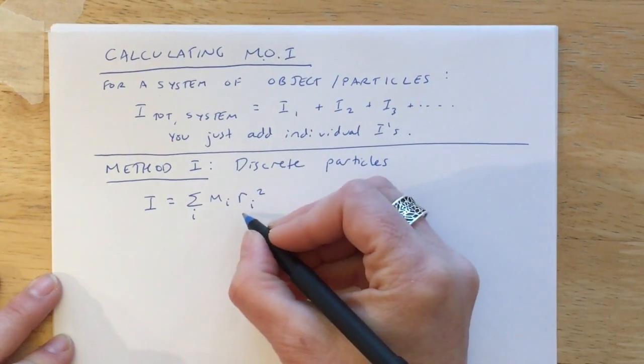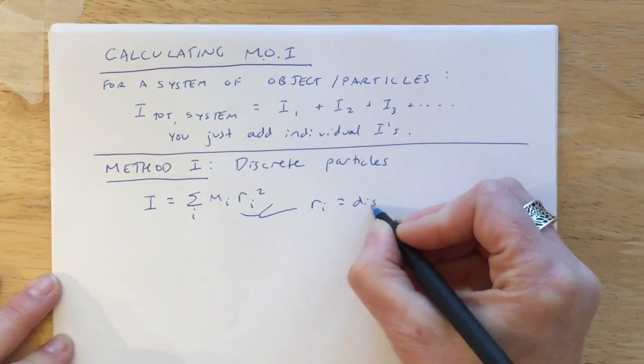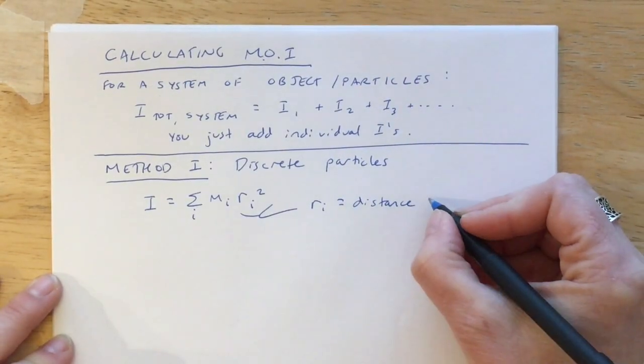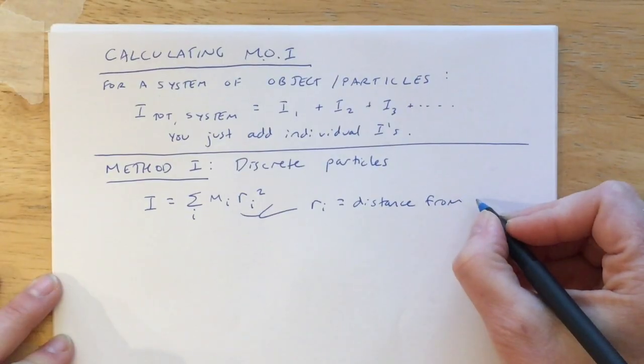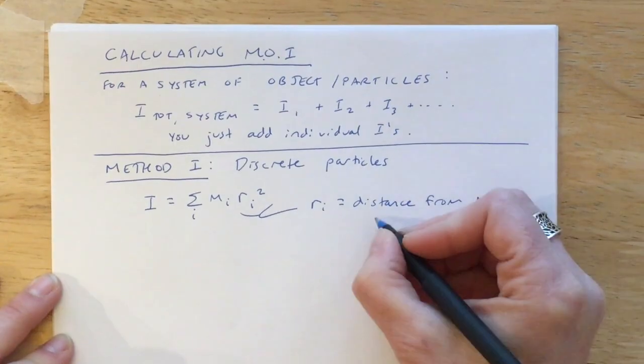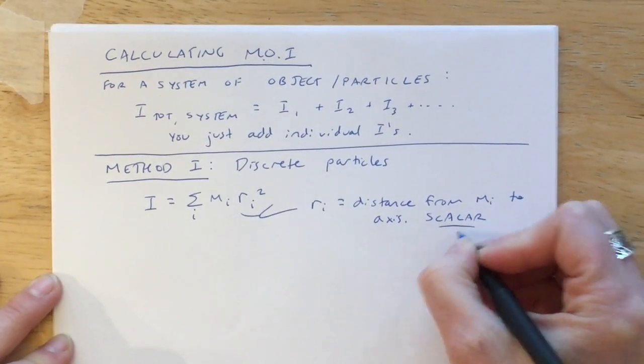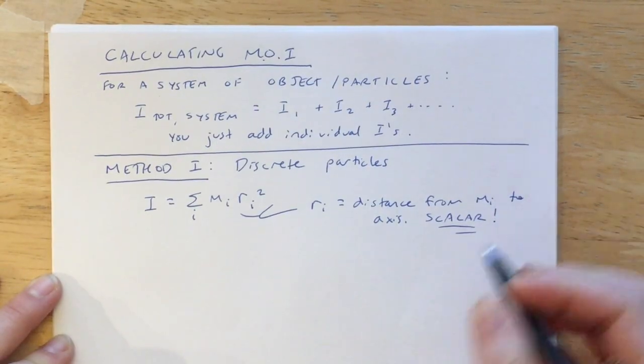So this is actually a scalar value here, where r sub i is the distance from m sub i to the axis. It's a scalar quantity. It's simply a distance.